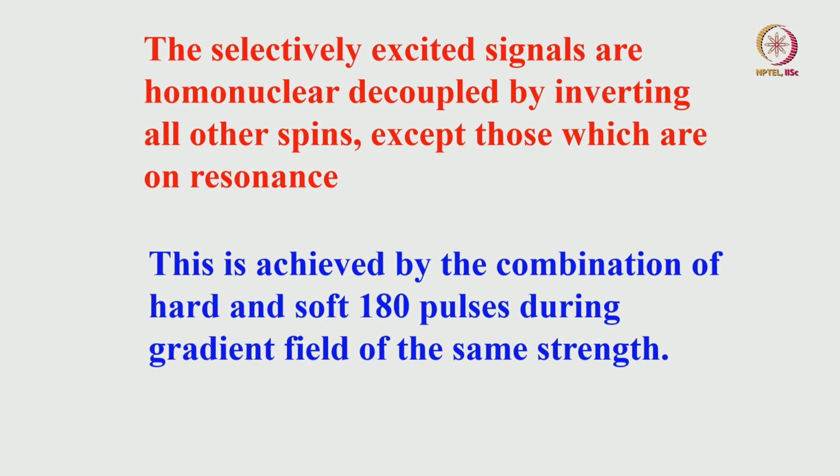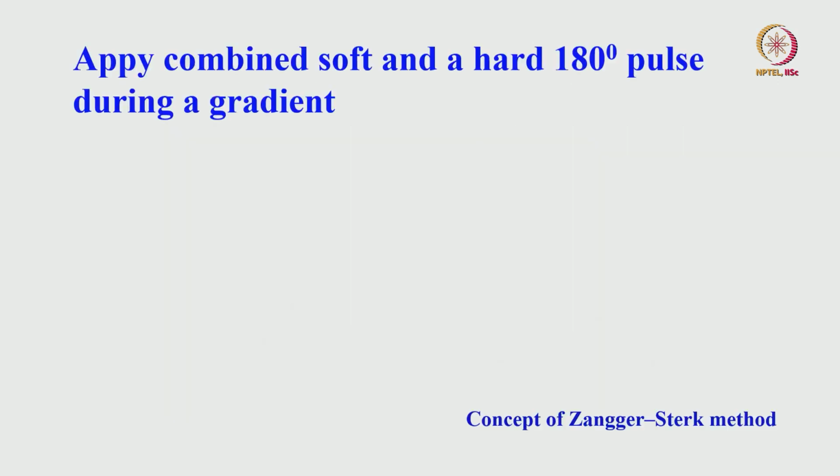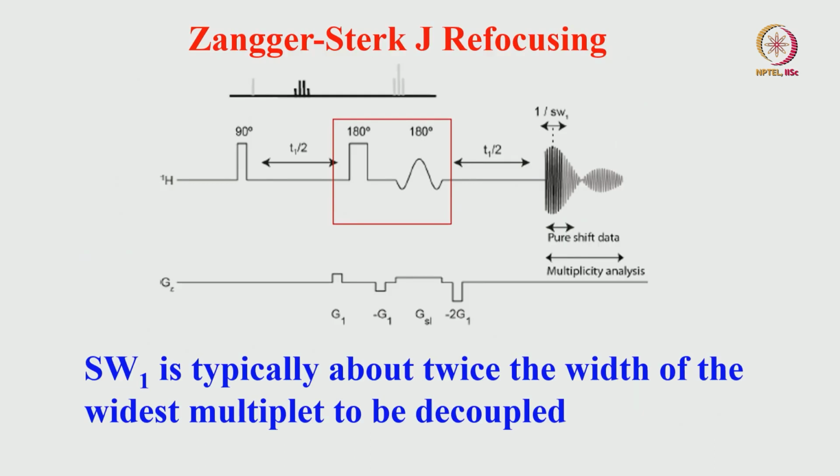How do you achieve this? The pulse sequence proposed by Zangger and Sterk is a combination of two 180 pulses of the same strength, a hard pulse and a soft pulse, with the soft pulse applied during the gradient field. This period is kept as T1 by 2.